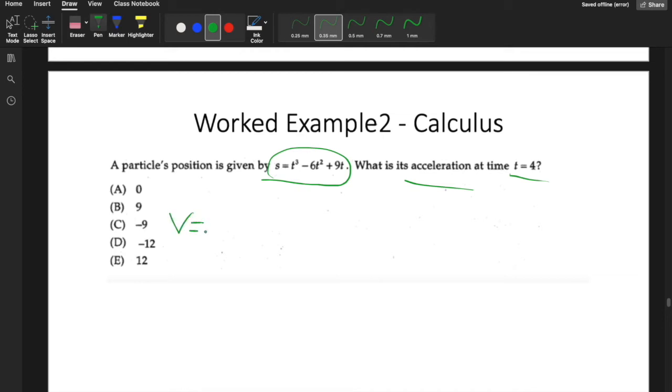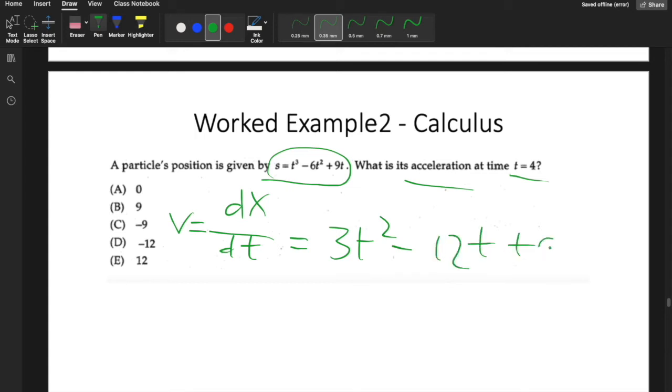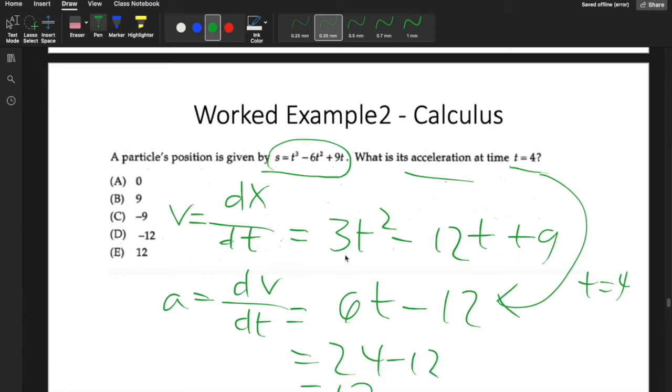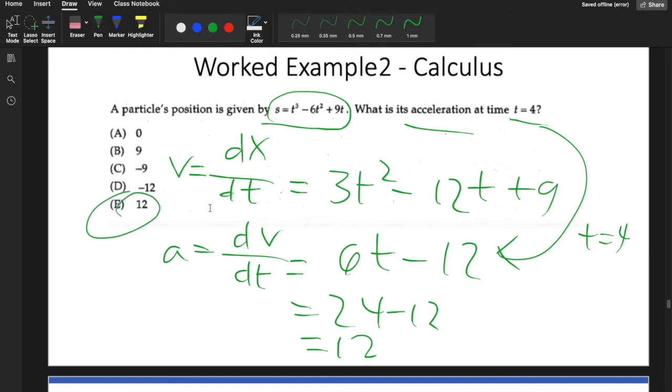Velocity is equal to the derivative of displacement with respect to time, so minus 12t plus 9, and the acceleration is equal to the derivative of velocity with respect to time. So it's equal to 60 plus minus 12. Then you just plug in t is equal to 4. We have 24 minus 12, which is equal to 12. And 12 will be the answer.